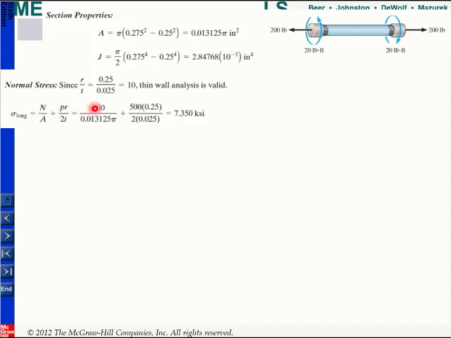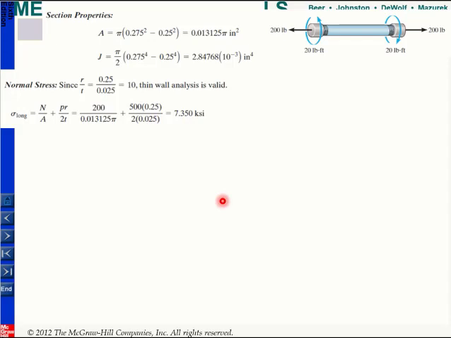Okay, so N is 200, and we already found our area. Then we know our internal pressure, we know our r, we know our thickness. So from there you can find that your longitudinal stress is equal to 7.350 ksi.